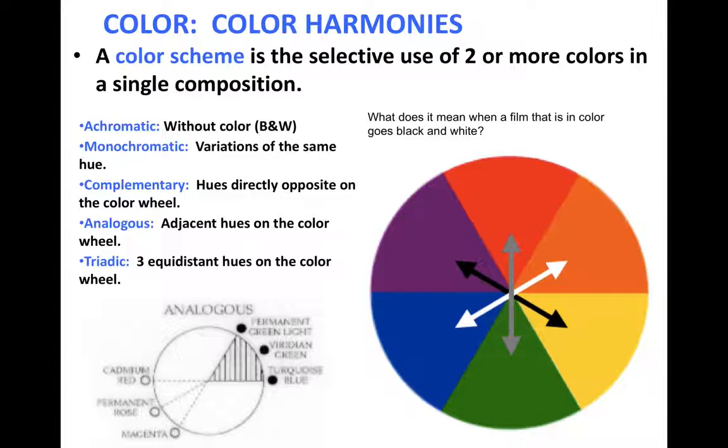Then there are complementary colors, and as we look at the color wheel off to the right, these are the colors that act like brother and sister with one another, but they are directly across from each other on the color wheel, as you can see with the black, white, and gray arrows on the circles. So we can see those color combinations. So we see red and green, blue and orange, and yellow and violet. You can say purple.